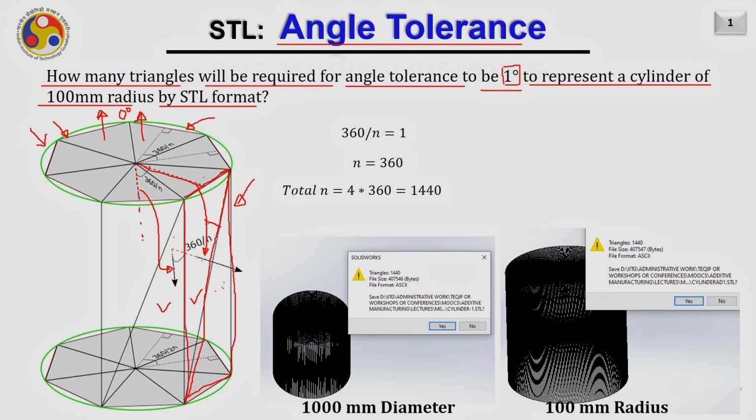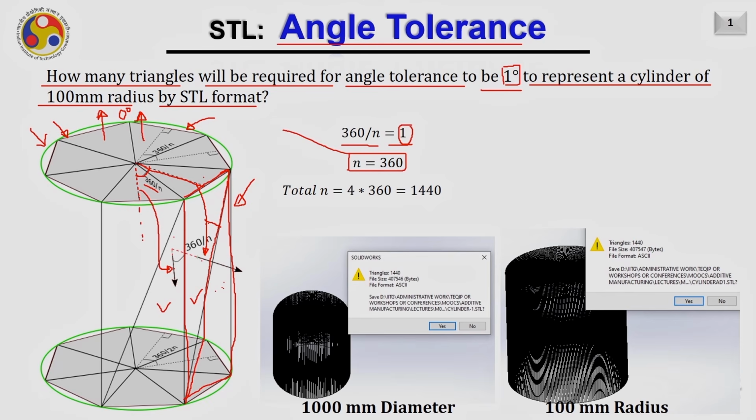The angle between these two will be this angle, and we know that if there are n triangles available on the top surface, then the angle between the two triangles will be 360 by n. Hence, if 360 by n is equal to 1, because the angle tolerance should be 1 degree, then n will be 360.